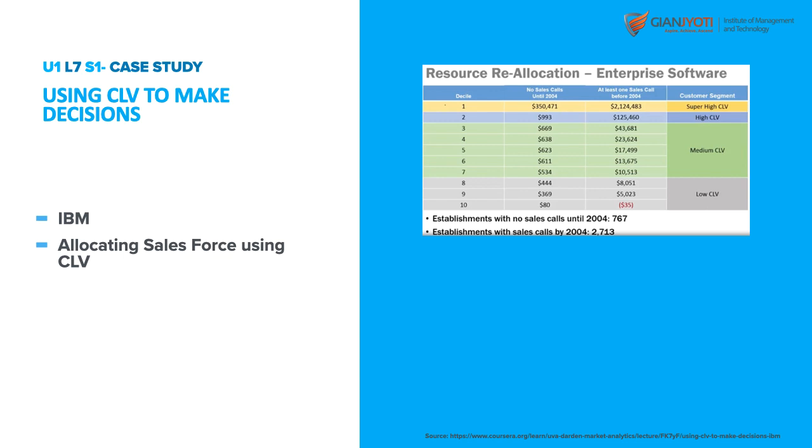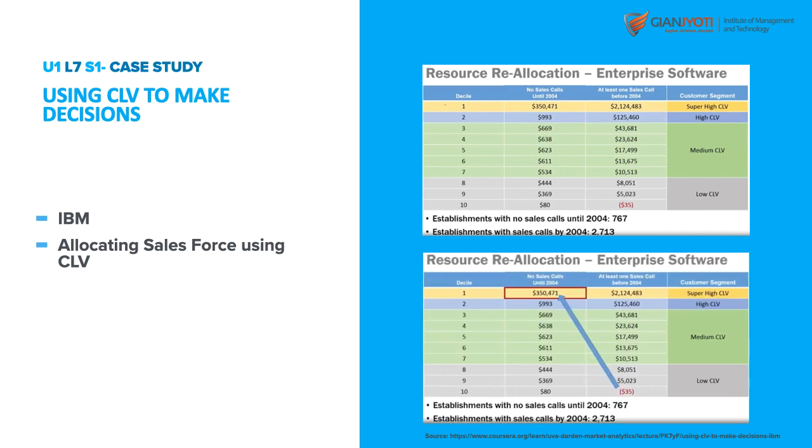Now, why are they doing it? They have to allocate or reallocate the sales force, the resources. So what they did, they saw from the low CLV, so they reallocated the sales force resources.